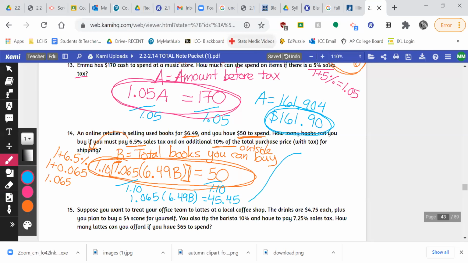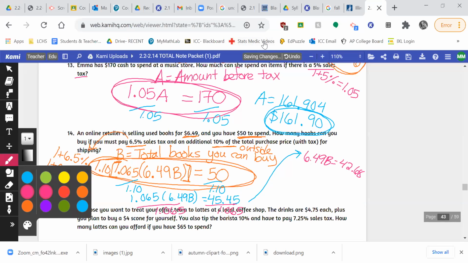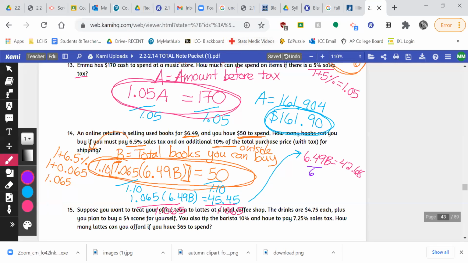I'm going to end up working over here because I ran out of room. Next we divide by 1.065 on both sides. We get 42.68. And the last thing I'm going to do is divide by 6.49.